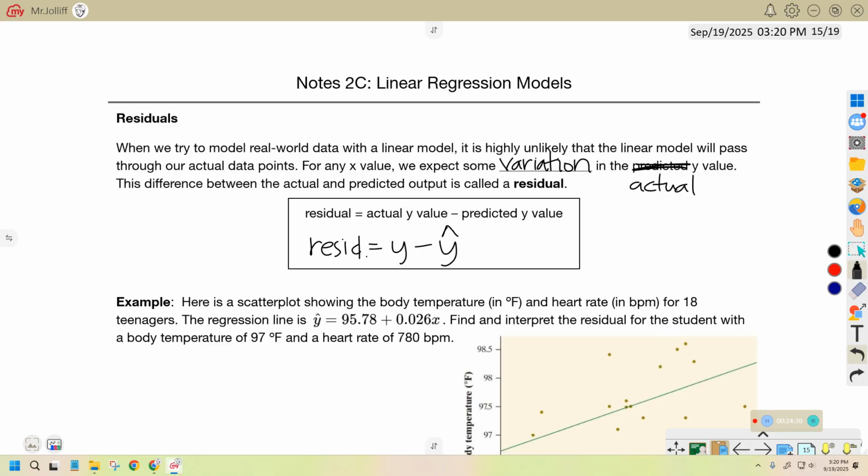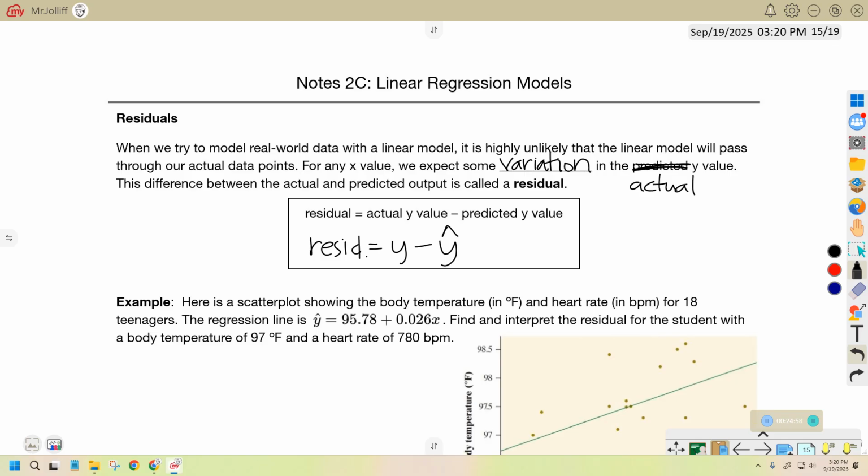The good news, when you run linreg on your calculator and you find your correlation coefficient, it does this in the background in memory. So anytime you run linreg on a set of paired data, it has the residuals stored in a resid list somewhere in its memory. Meaning you can access those residuals anytime you run linreg, which is great.